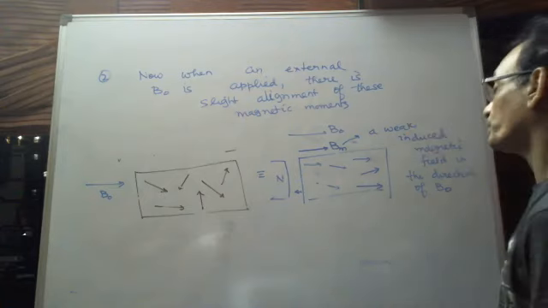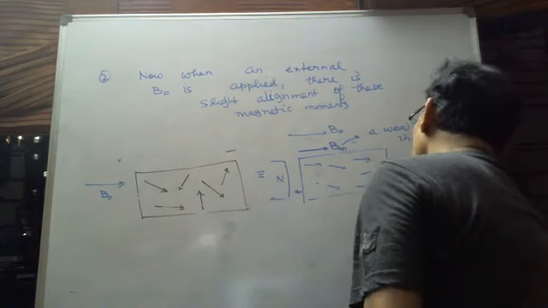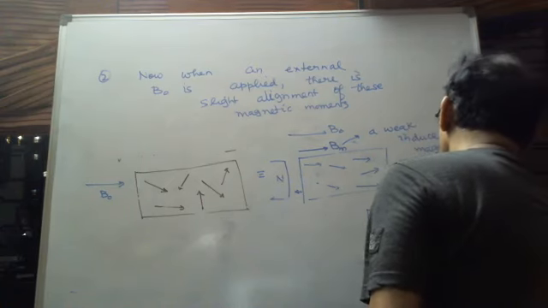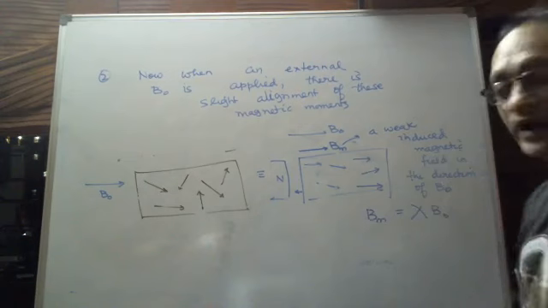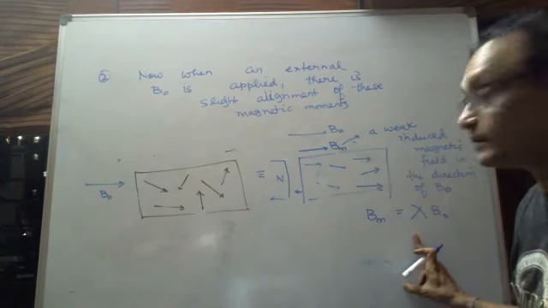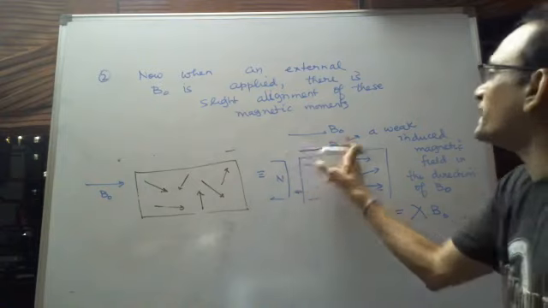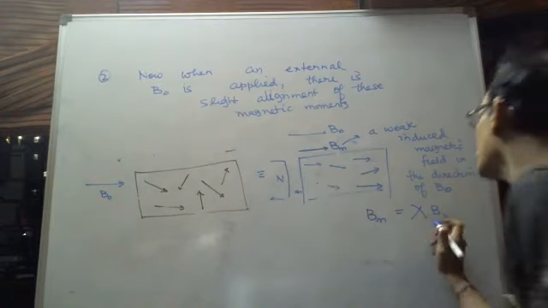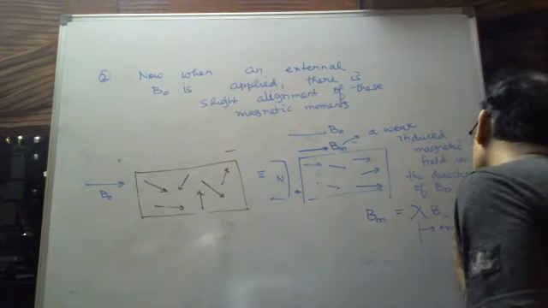Now, for such material, Bm is chi times B0, right? This chi is the magnetic susceptibility. Since Bm and B0 are in the same direction, this will be positive, but small.